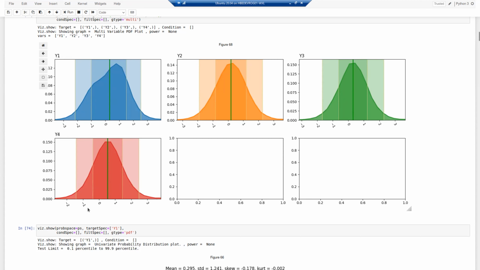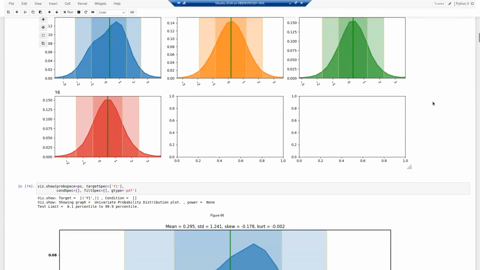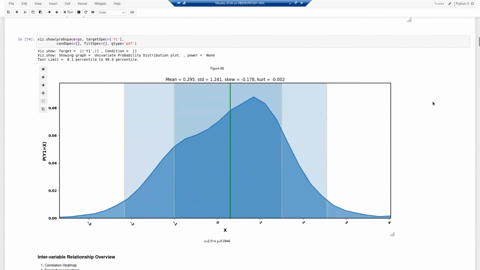And this is an illustration of the central limit theorem, which says that as you add various types of distributions together, they resemble more and more a normal distribution. So you can see that actually happening in the data here. And now we can take one of those distributions and blow it up and get more information. Here we show the mean, the standard deviation, the skew, and the kurtosis, which are the 4 major descriptive elements of a distribution.